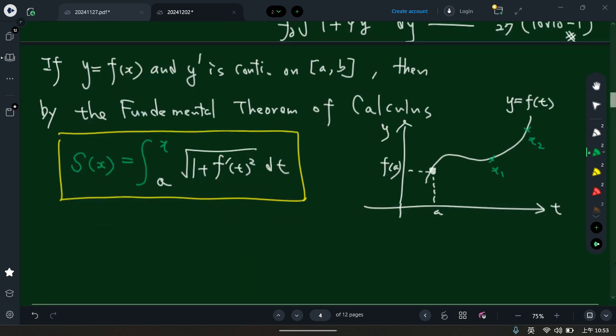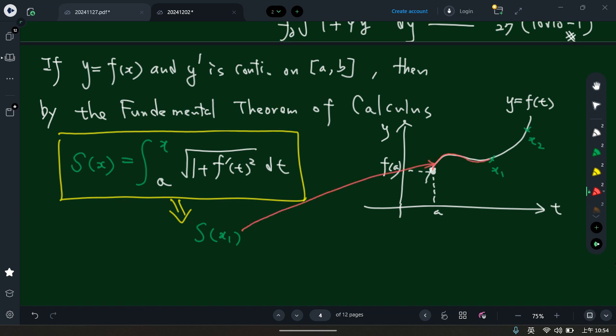So when you use, for example, s of x1, what does it mean? It means I want to calculate this part, right? This is for s of x1. If I ask you to calculate s of x2, that means we are talking about, from the same starting point, what is the length? Can you understand that?